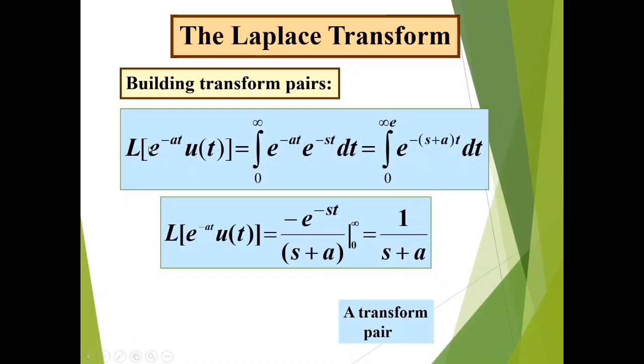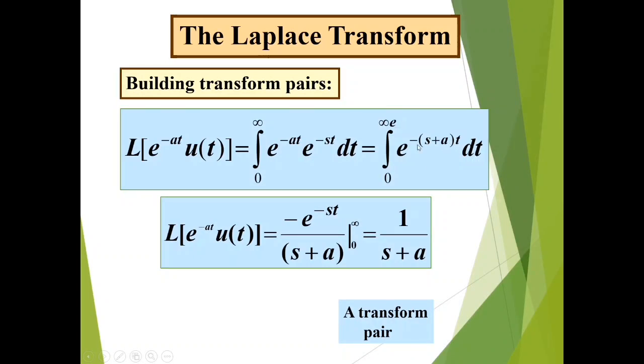Now, building transform pairs. L of e power minus at u of t, that is the Laplace transformation of e power minus at u of t, is equal to the integral from 0 to infinity of e power minus at into e power minus st dt, which is the integral from 0 to infinity of e power minus s plus a into t dt.